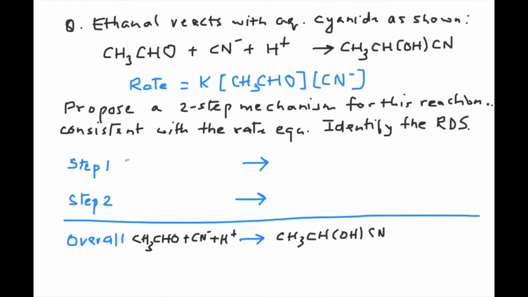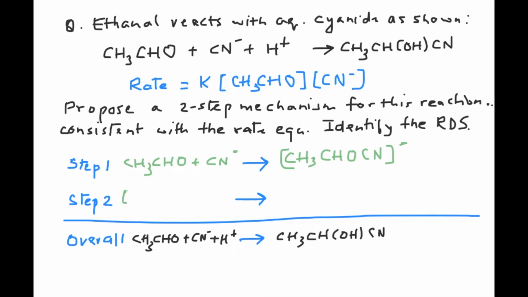We can see that the slow step requires us to use 1 mole of ethanol and 1 mole of cyanide. So let's do that in step 1 and use that to make a product. In this case, I'm just going to join the 2 compounds together. That's the easiest thing to do.